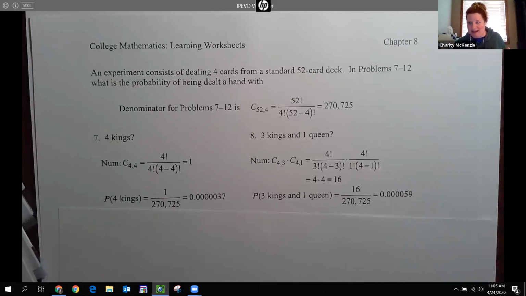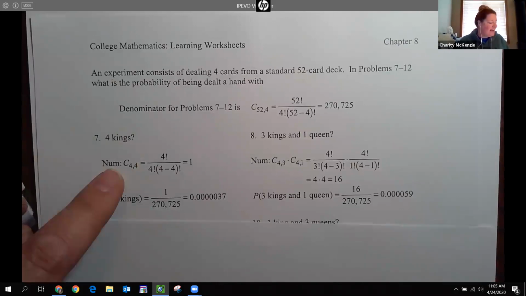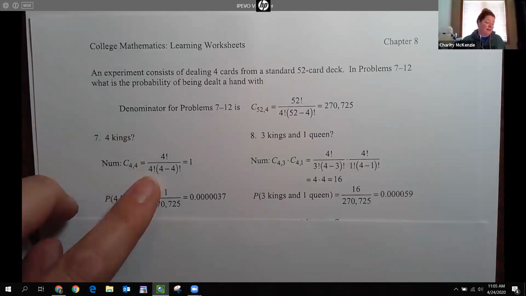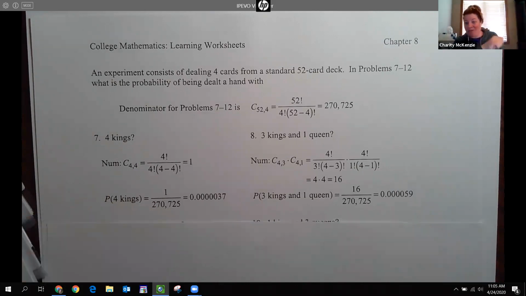Crazy how many different ways I can dish up 52 cards. Okay, so there's only one way to get all kings. So again, it's a combination 4 choose 4, and I would then have 1 out of this. So look, if I divide those, 0.000, it's almost 0% chance that you get 4 kings.